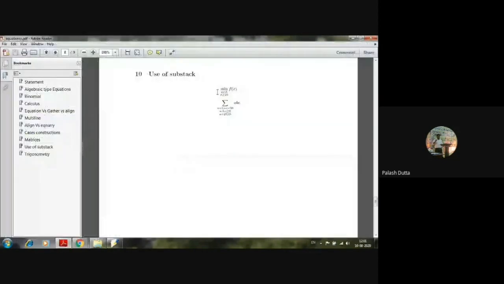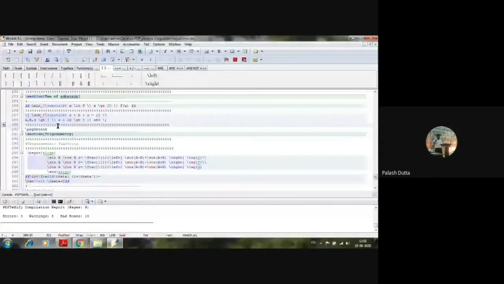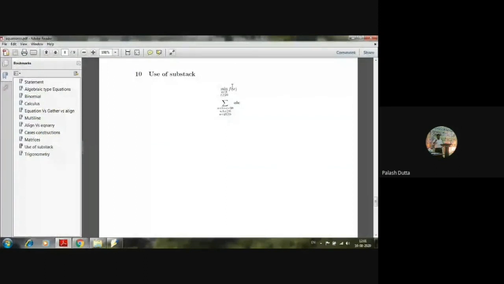We get minimum of f(x), and see here, the minimum is not under the bracket, it's outside the bracket. We write f of x first, then min underscore, substack, x in S, next line x greater than 20, then f of x. For this expression, our code is simple.